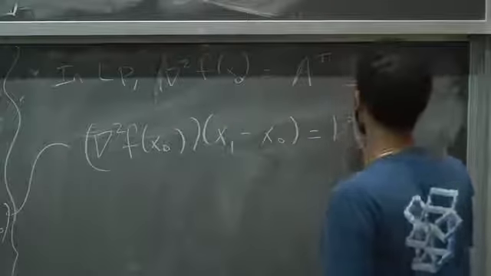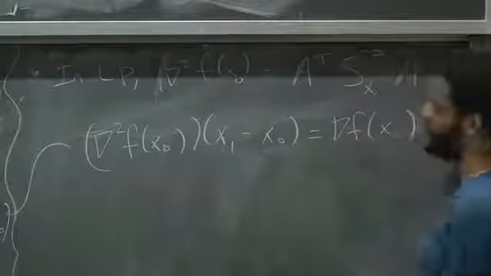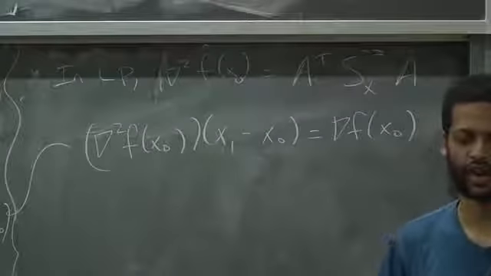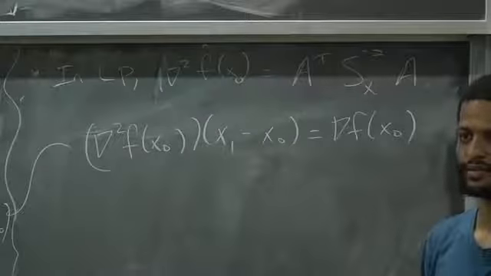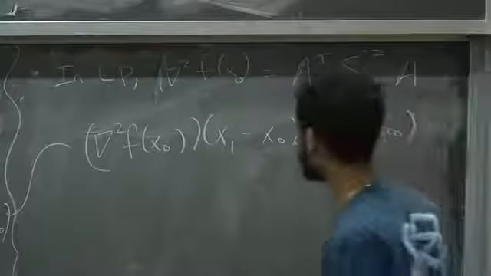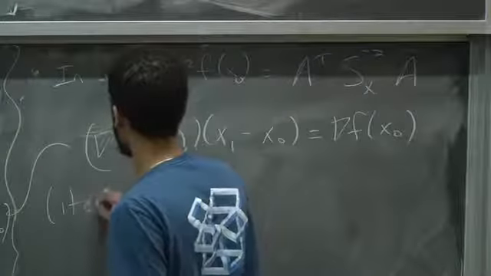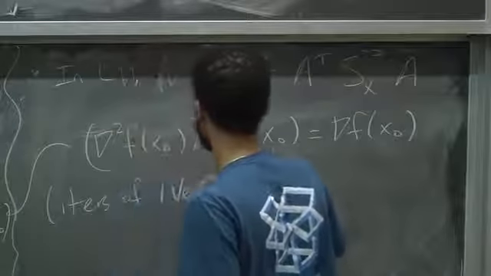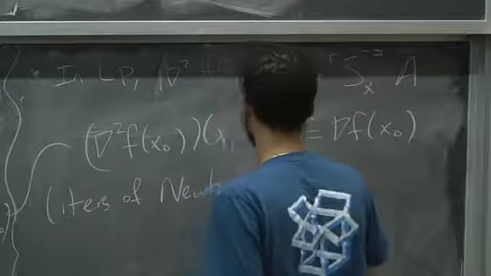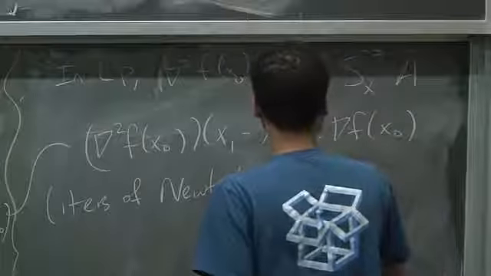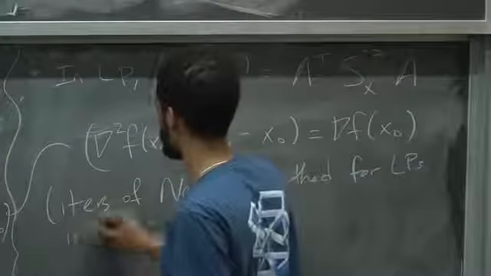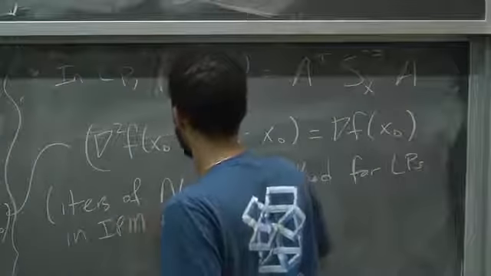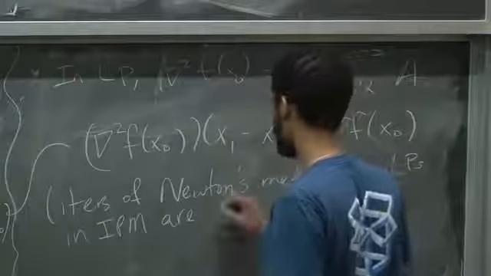So in each iteration of Newton's method, when you apply it to linear programming, you're solving a linear system. So iterations of Newton's method for LPs in interior point method are linear system solves.